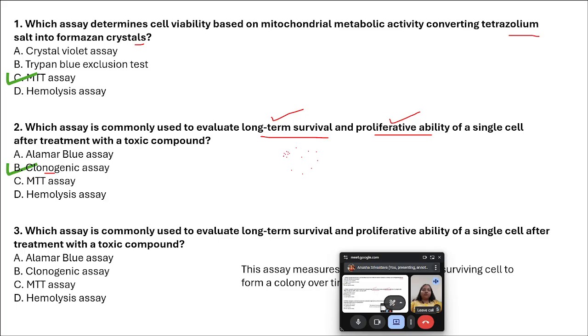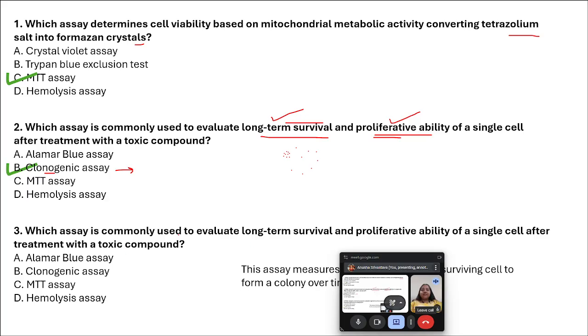If you can see the colonies, it means even after treatment it is still able to proliferate from a single colony, so the therapeutic efficacy was not that effective. So for long-term survival and proliferative activity, this clonogenic assay or colony forming assay is followed.